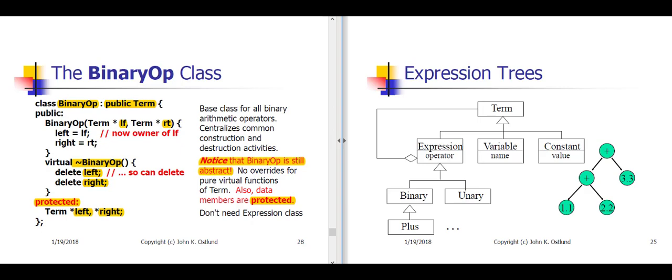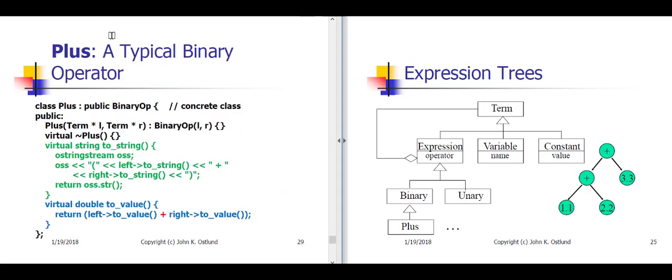All right, next up we have plus, which is one of the possible binary operators that we might define. Okay, so plus is a kind of binary op. It is a concrete class, not an abstract class.